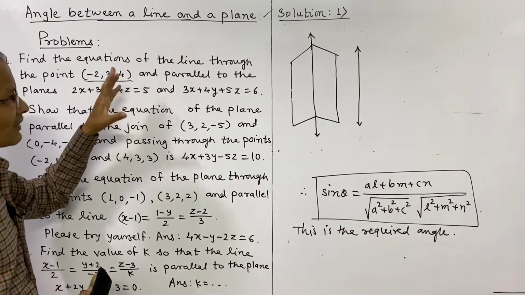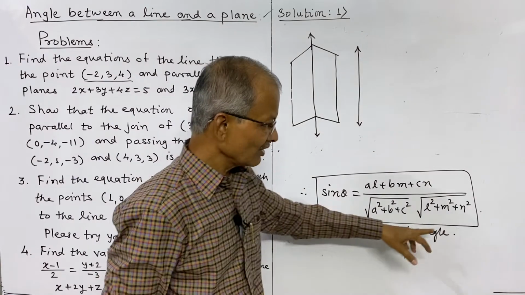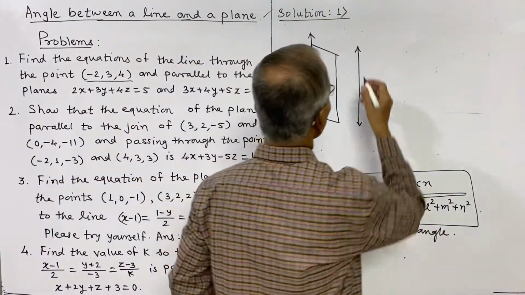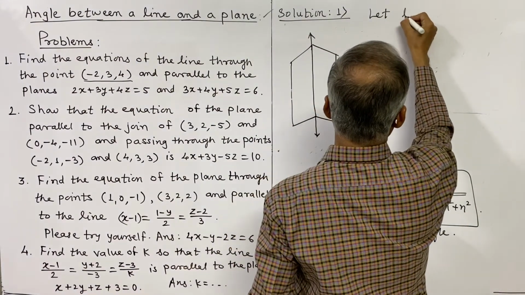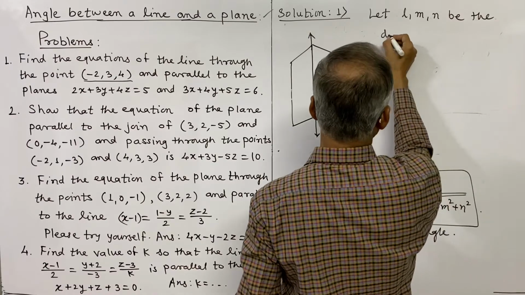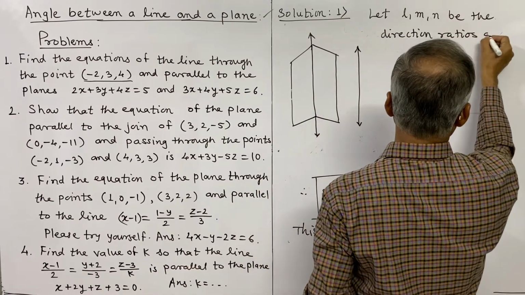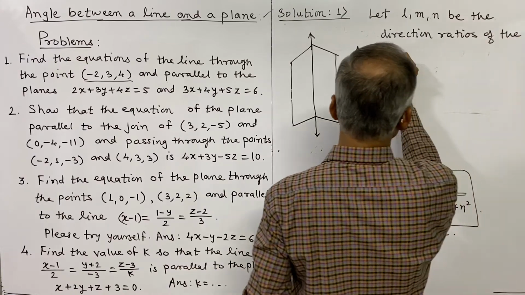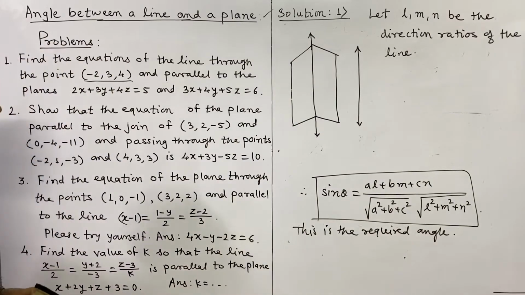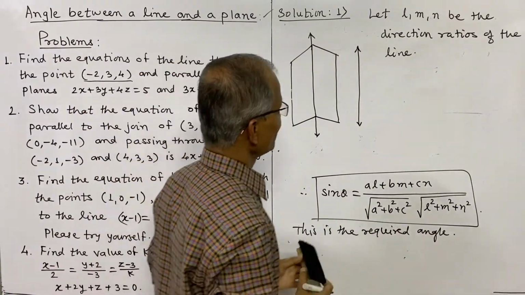So we shall start by taking the DRs of the line as l, m, n. Remember, l, m, n here in general we are taking as the direction ratios of the line. Let l, m, n be the direction ratios of the line, and the line is parallel to the planes.